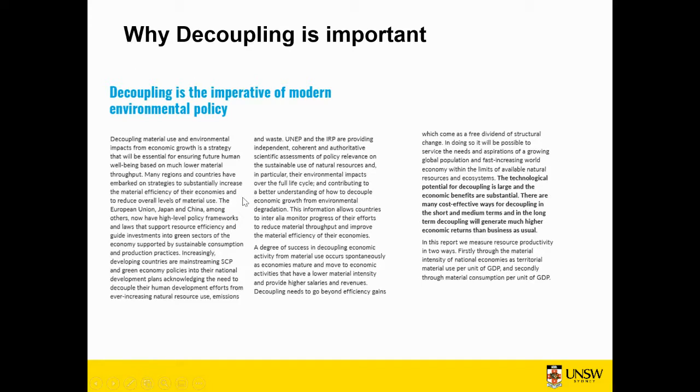But I think for most of us, based on the discussion we had so far, it's pretty clear that if we keep growing the economy, which is good and necessary for many parts of the world because people still need a lot of improvement in their life quality, and a lot of this improvement is linked to having the money to achieve that, we have to have the economy growing, but we cannot sustain this level of requirements from nature.